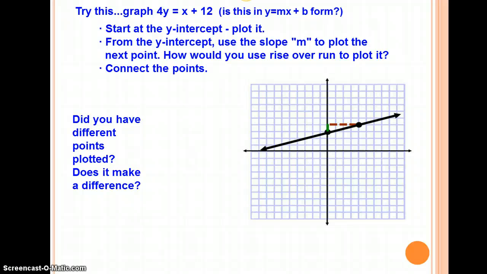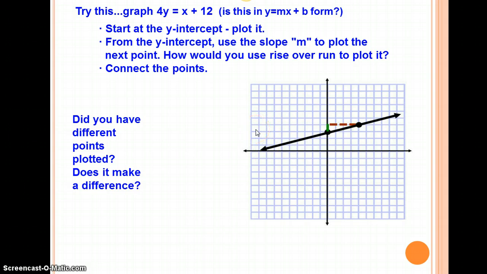My slope is 1 over 4. So my green line goes straight up, representing 1 unit up, and my run is the red, representing 4 units to the right. I have my 2 points, and now I have my straight line.